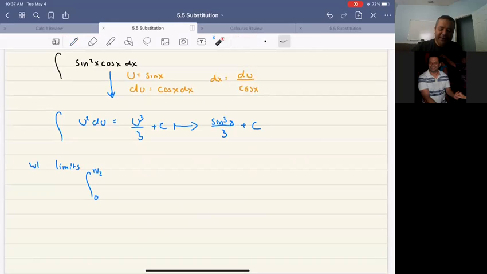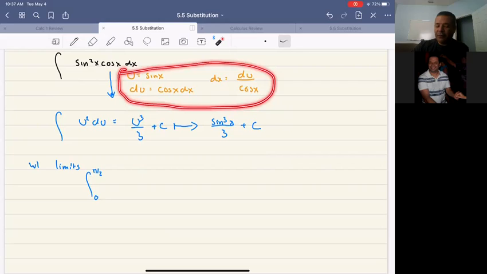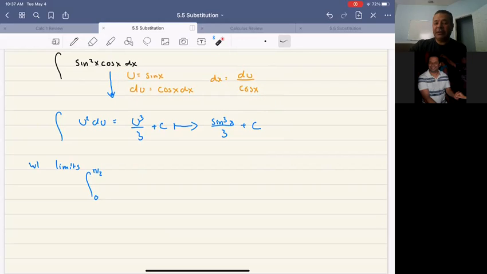When I didn't have limits, I had to go back to the x, because this u only exists within the context of my work. If I give you this and you give me back this, that's not really the answer. I need to see it in the original variables. But in this case, it's actually a little bit easier.